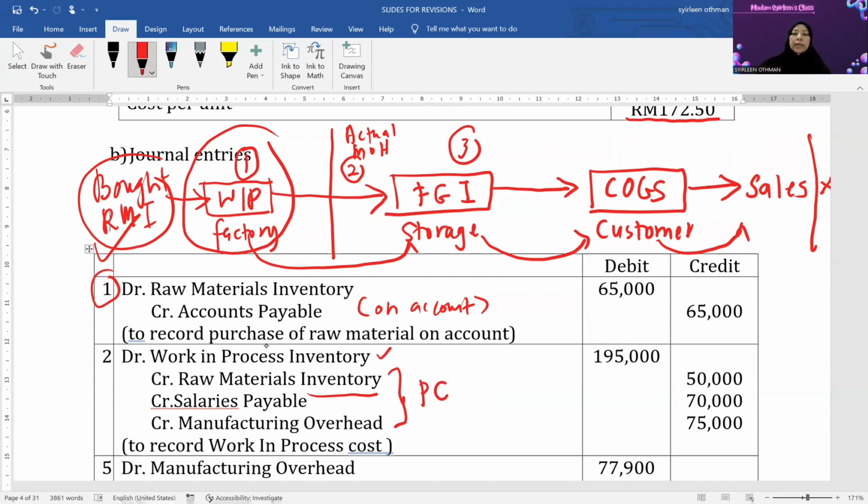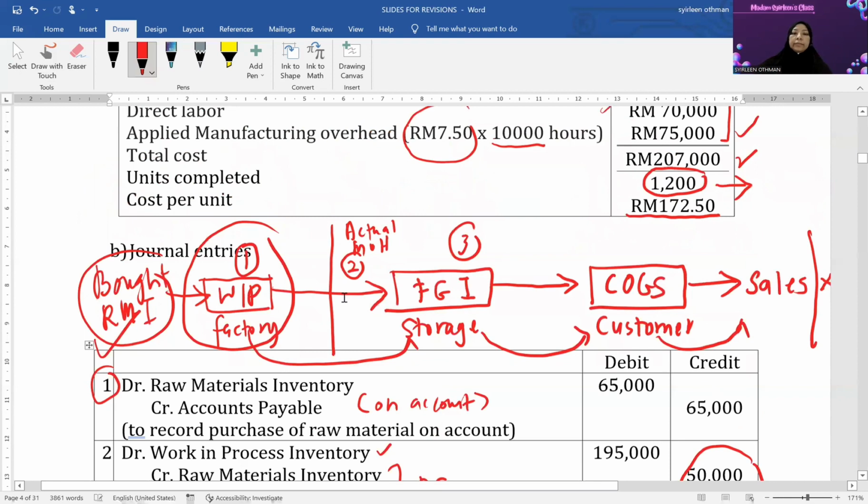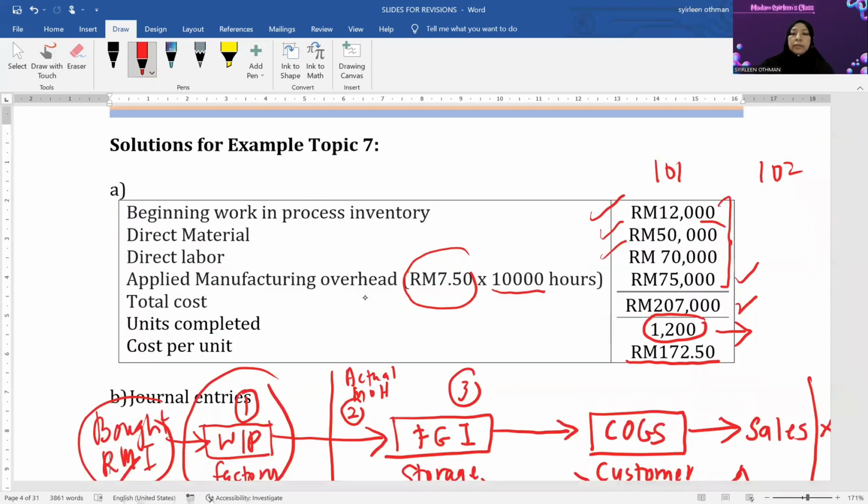So how do I get these figures from? Okay, these figures is taken from here. So this is your direct material, this is your direct labor, and this is your manufacturing overhead. Okay, kenapa 12,000 ni tak masuk dalam journal? Because this is beginning work in process, which is the amount taken from previous month. So maksudnya semasa previous month, the item is already journalized, dah dijournalkan.